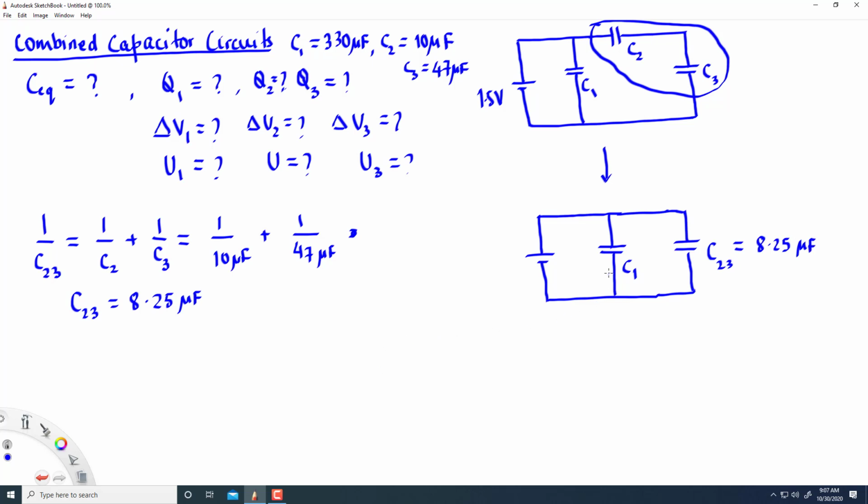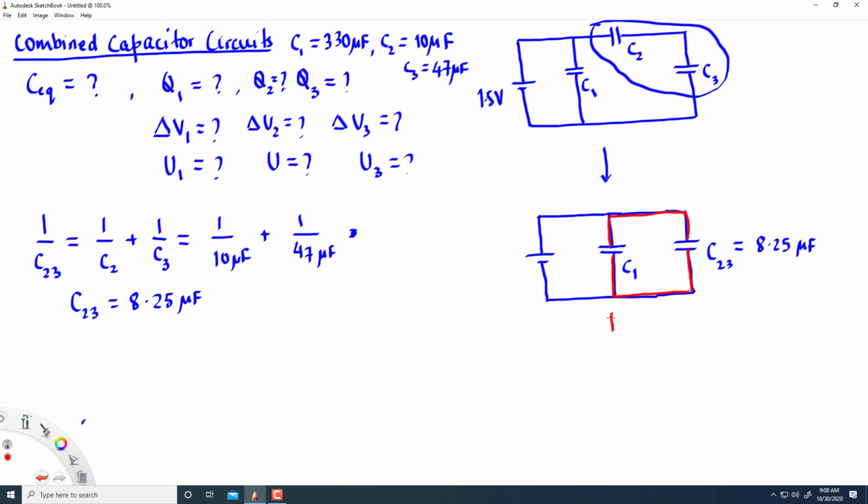And now we clearly see here C1 and this C23 are in parallel. Okay, so the end to ends are connected. There is nothing in between. So this end and this end are connected. There is nothing in between. This end and this end are connected, so there is nothing in between. That means they are parallel.